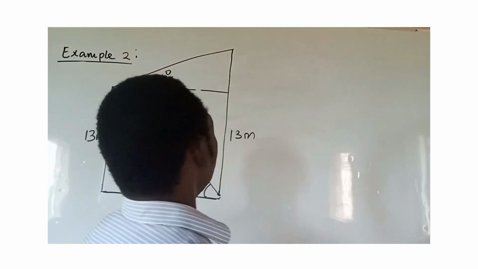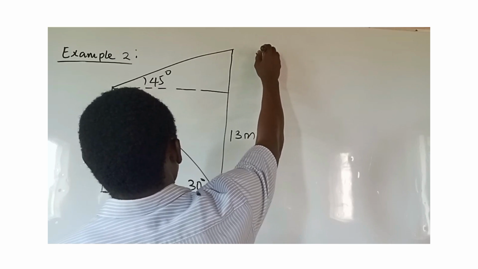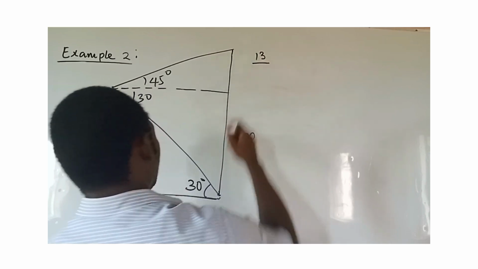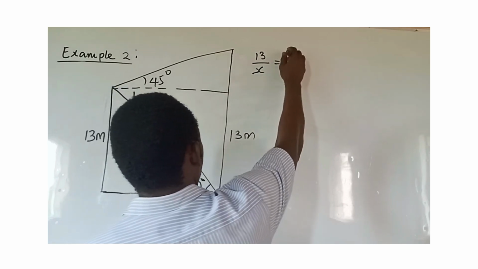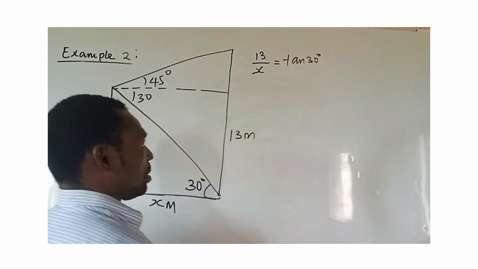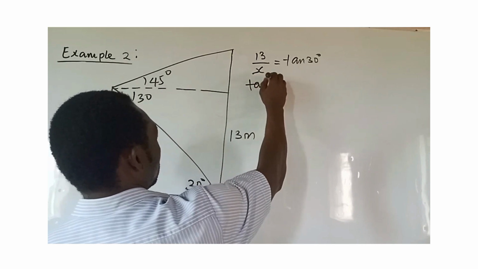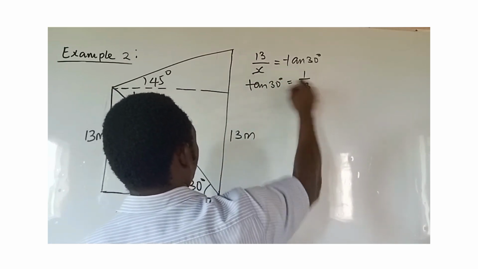From our trigonometrical ratio, we have that 13, which is the opposite, all over x, which is the adjacent, is equal to tan 30 degrees. We have that tan 30 degrees is equal to 1 all over root 3.